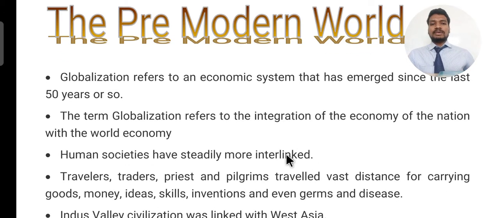Then human society became steadily more interlinked. It's not only human activities like exporting and importing goods. Human society also started to get interlinked. Initially, human society got interlinked, and afterwards we started to have import and export activity.